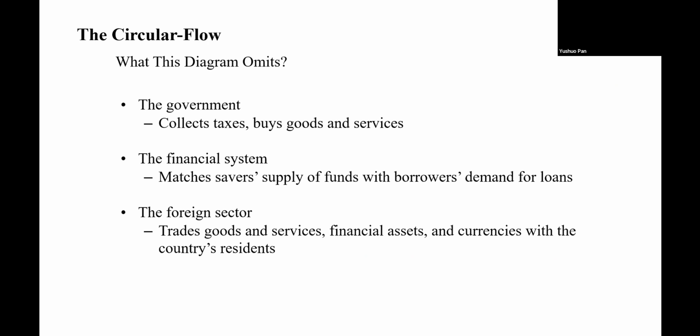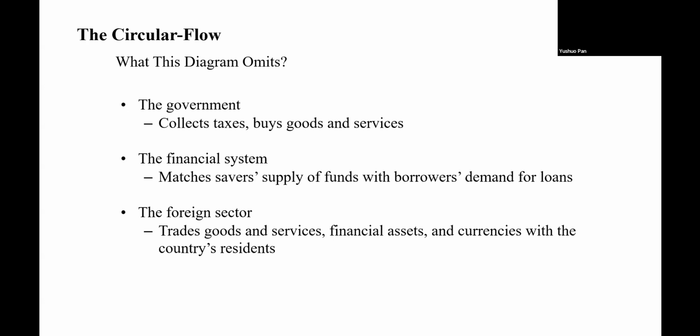So in the circular flow, we omit the government's role. What the government usually does is collect taxes and buy goods and services. Another item we omit is the financial system in this market. The financial system matches the savers' supply of funds with the borrowers' demand for loans. And also the foreign sector.